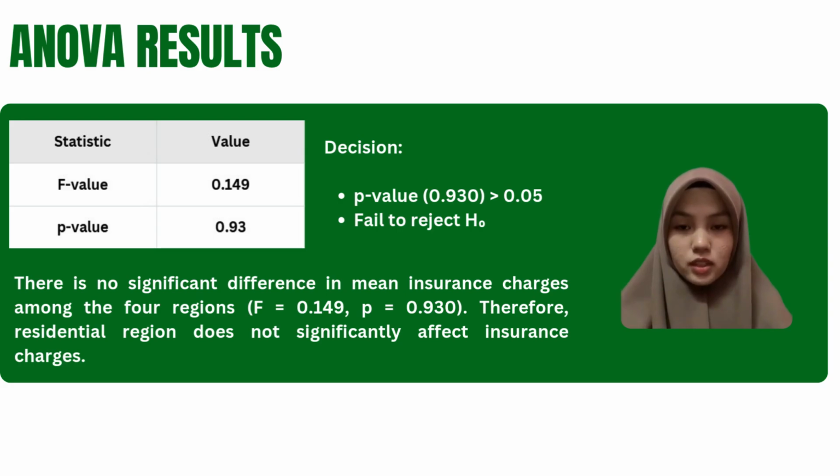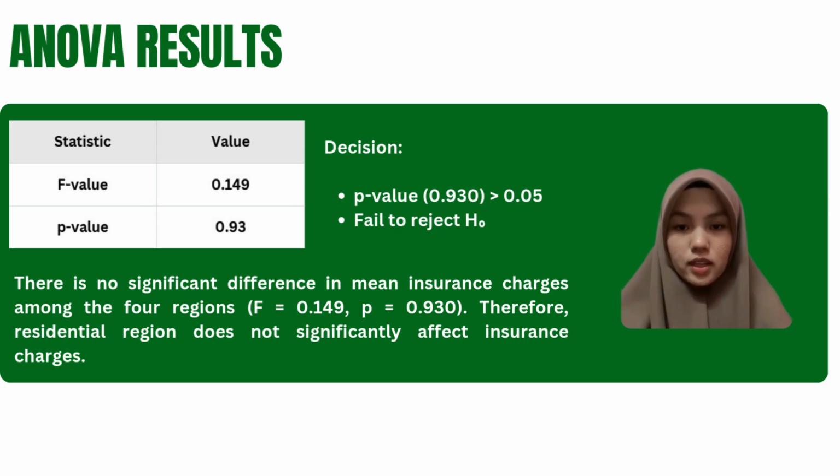In conclusion, although the mean insurance charge varies slightly across the Northeast, Northwest, Southeast and Southwest regions, the ANOVA test showed no statistically significant difference. The test produced an F-value of 0.149 and a p-value of 0.930, which is greater than 0.05.